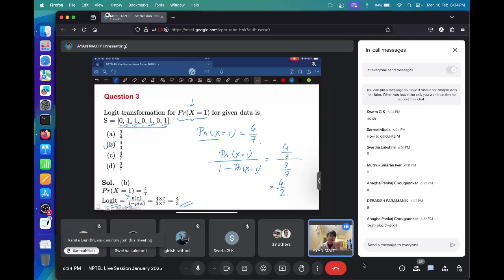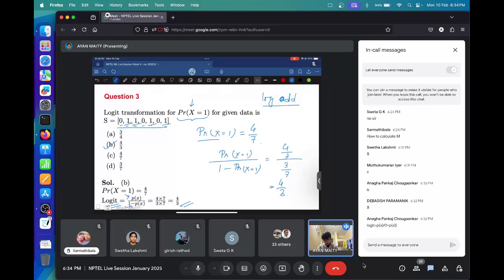In the LDA lectures, log odds was taught, comparing class 1, what is the odds for class 0 or class 2. So comparing two classes, you can say which class is more likely. What is the difference between that log odds and this logit?